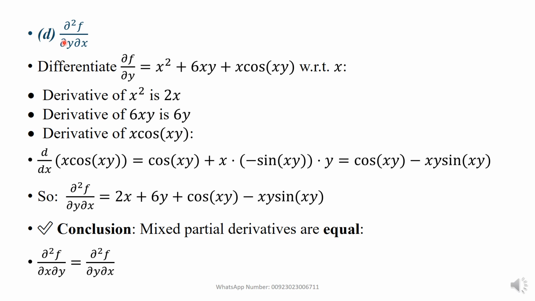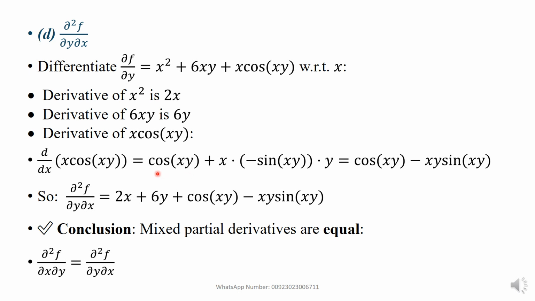The derivative of x squared is 2x, the derivative of 6xy is 6y, and for x cos xy we use the product rule: derivative of u times v, plus u times derivative of v. The inner derivative with respect to x gives y.